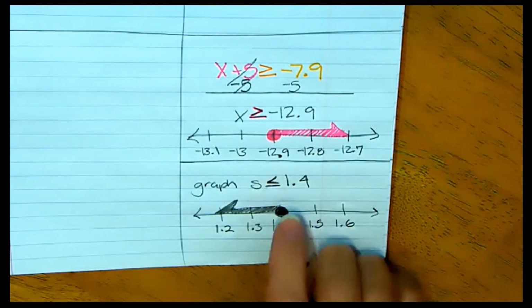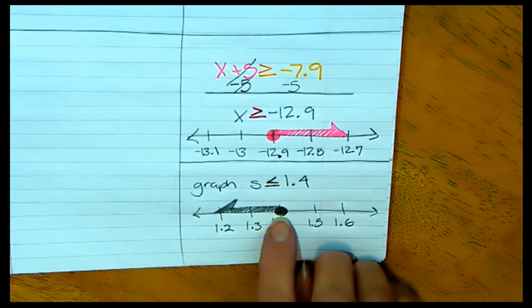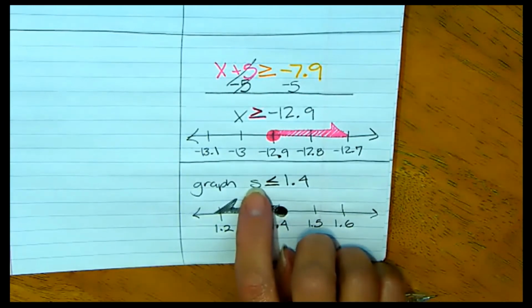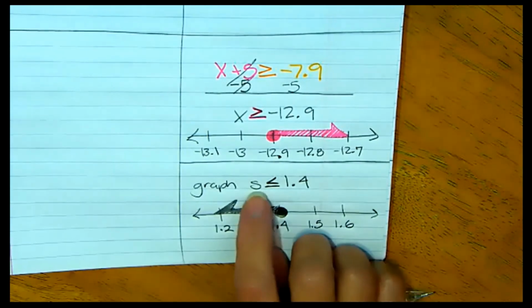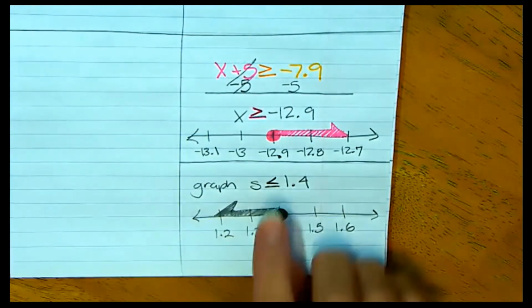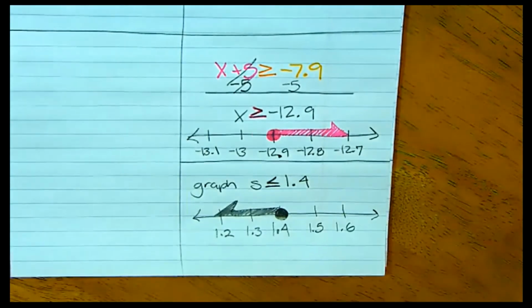If the equal sign is there, it's closed because that means that this number is part of the solution. Then we need to take a look at our variable. Is it less than or greater than? If the variable is less than, it's everything to the left. If the variable is greater than, it's everything to the right.